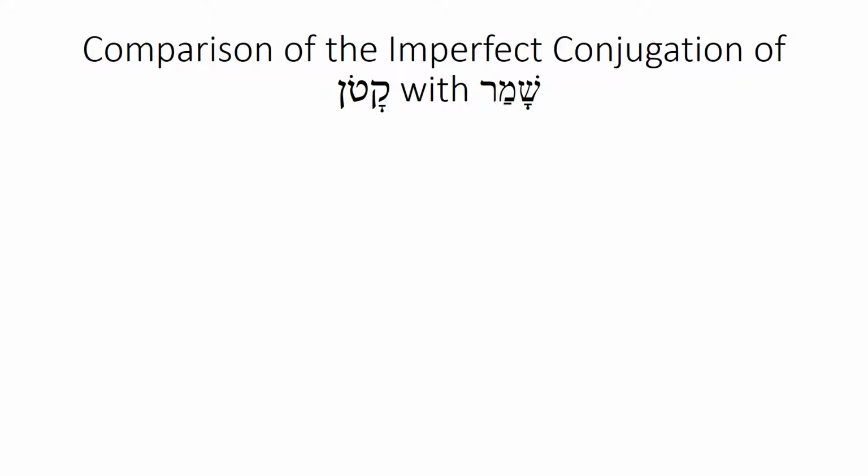So let's go ahead and look at a comparison of shamer, an A-class verb, with katon, an O-class stative verb, and we'll compare the imperfect conjugation of these two verbs. Our familiar paradigmatic verb shamer in the imperfect third person masculine singular goes to yishmor.